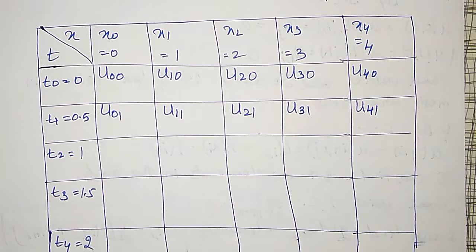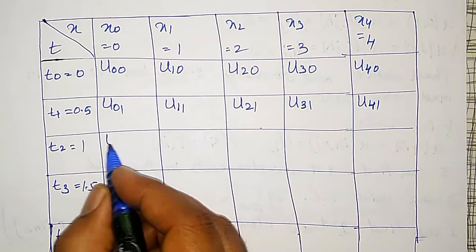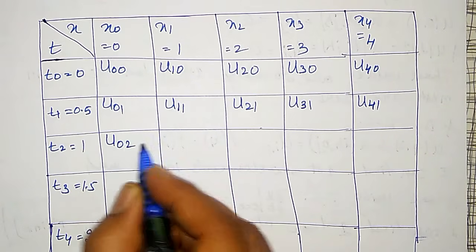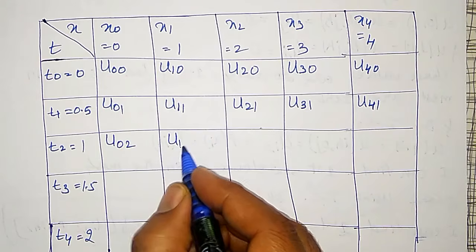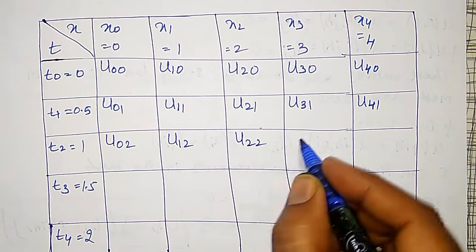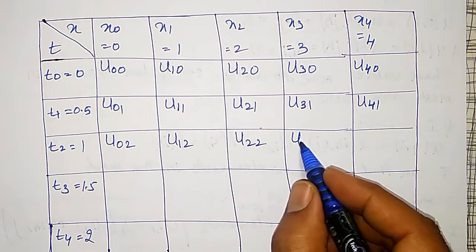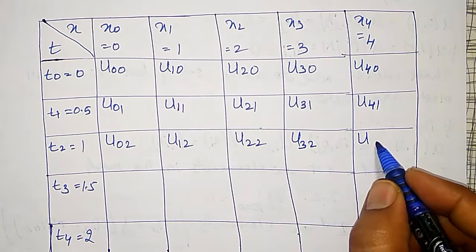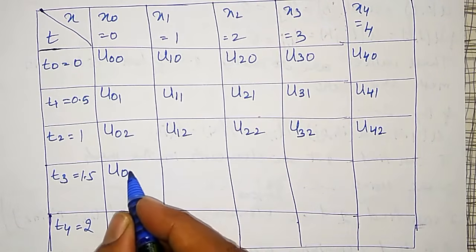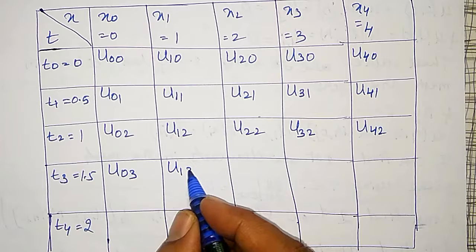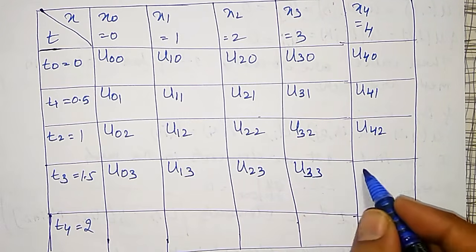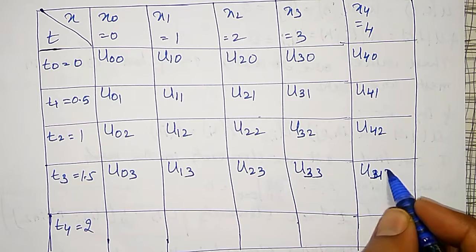Like that, I will write the remaining also, that is u of x first and then t, that is u of 0 2, u of 1 2, u of 2 2, u of 3 2, u of 4 2, u of 0 3, u of 1 3, u of 2 3, u of 3 3, u of 4 3.